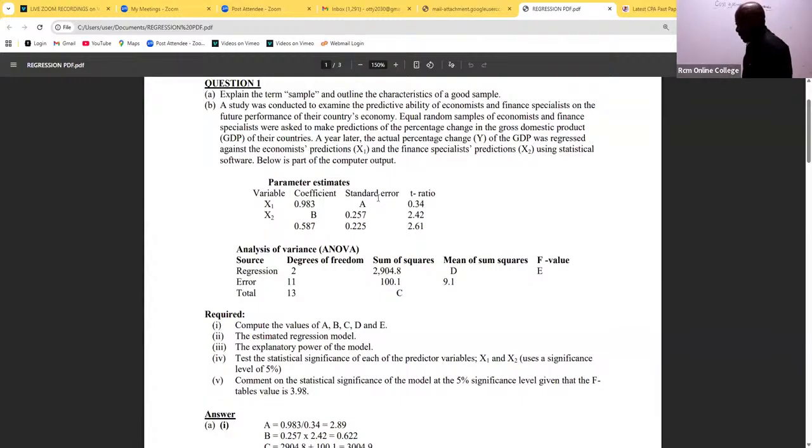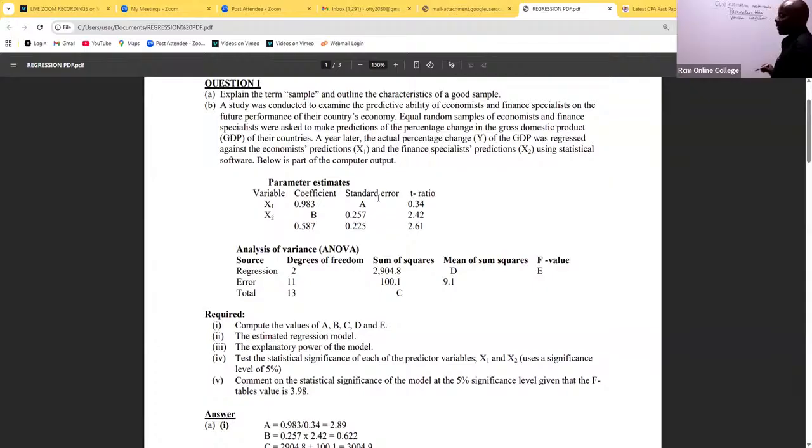So we have here the parameters table. I have the variable. I have a coefficient. That is okay.